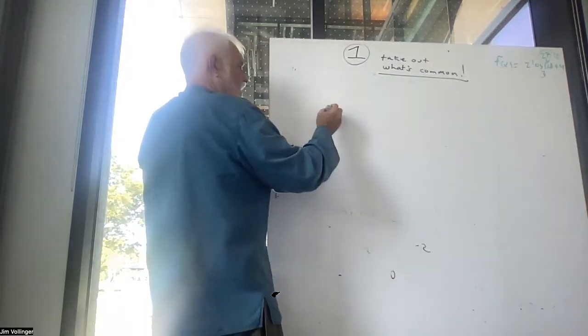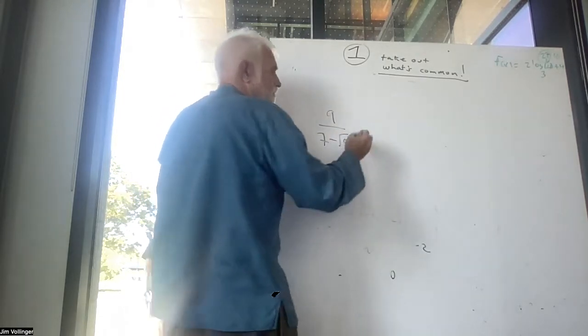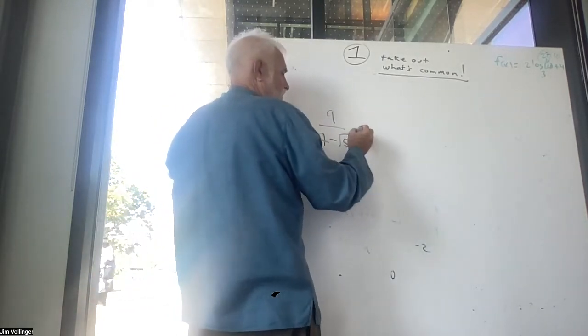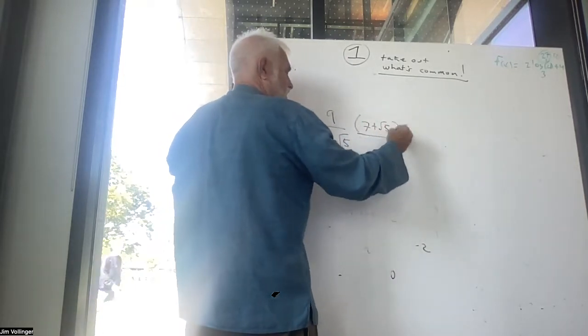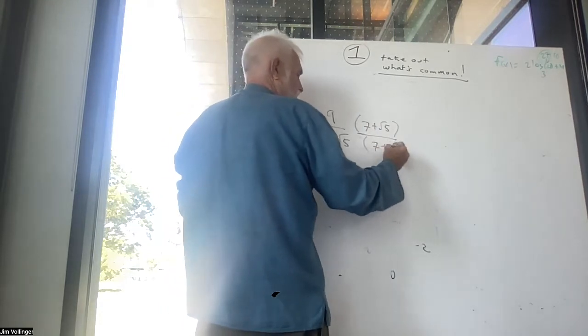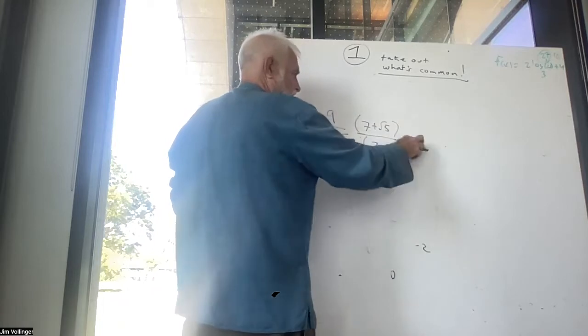Try another one. Let's try 9 over 7 minus √5. So you're going to multiply by 7 plus √5, 7 plus √5. Get tired here.